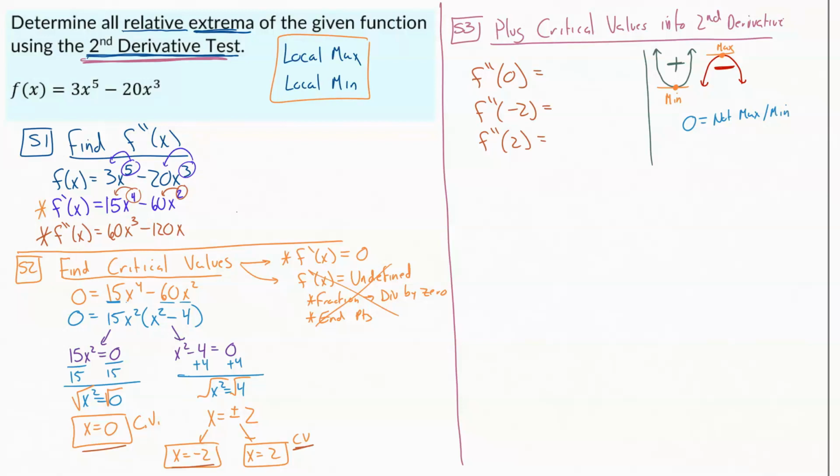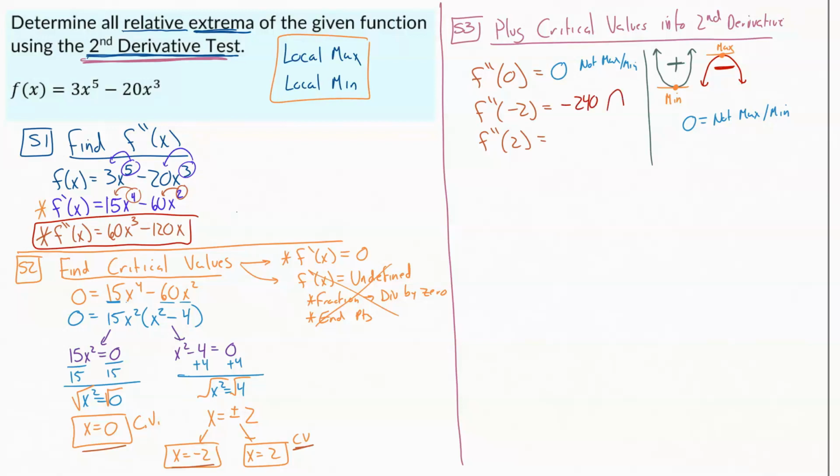So starting at the top, plugging in 0 to our second derivative, we get out 0 in that situation. So what we see there is that's not a max or a min. That's neither. Plugging in negative 2 to the second derivative, pop it into your calculator, you're going to get out negative 240.